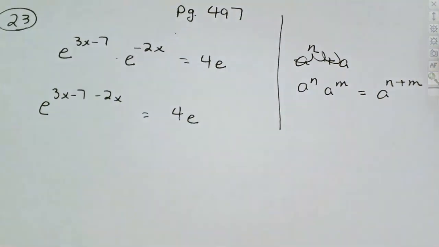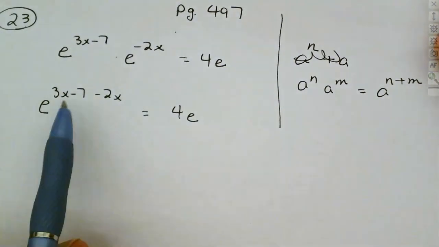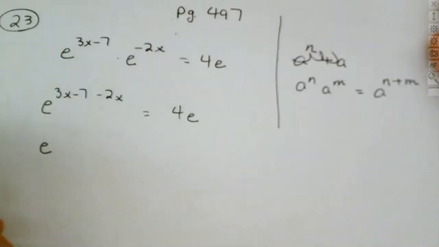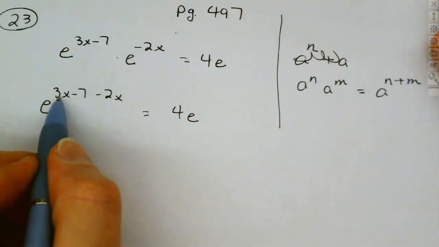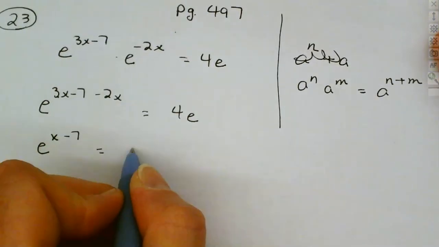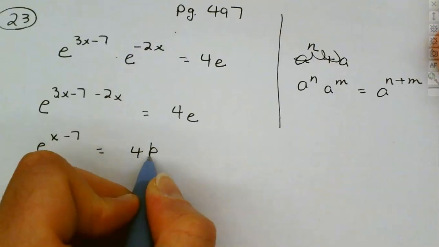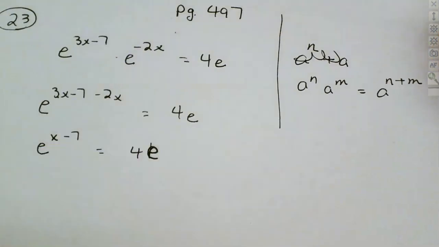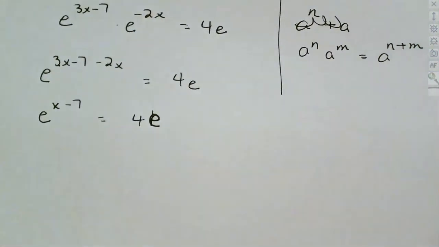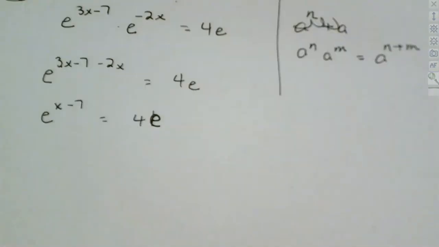Okay, let's clean it up a little bit. And I can combine these together, and that gives me e to the 3x minus 2x, which leaves you with x minus 7, equals 4e. Now, what we can do is get rid of that e.